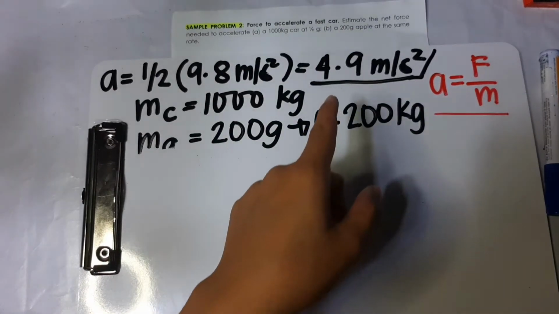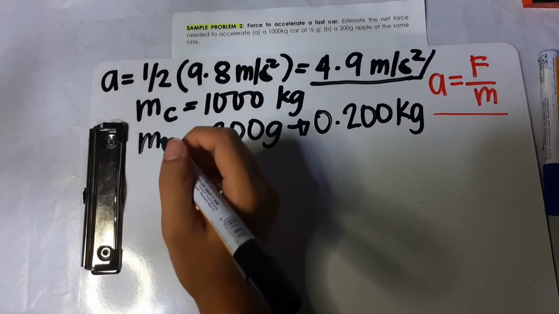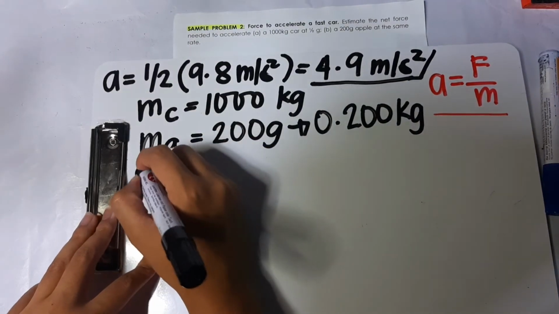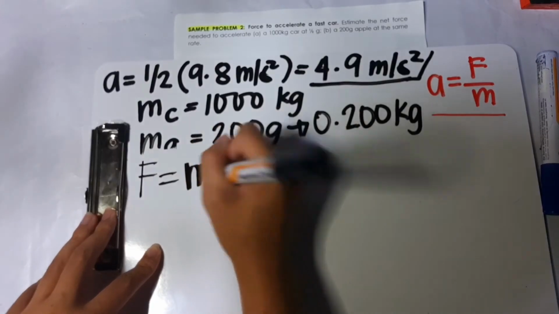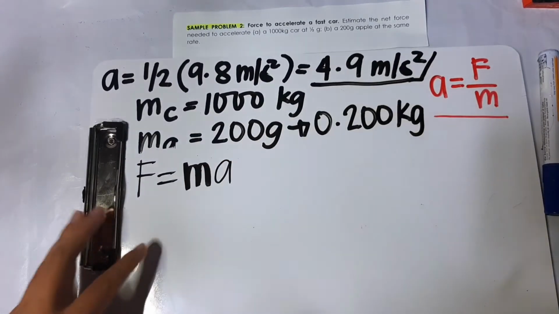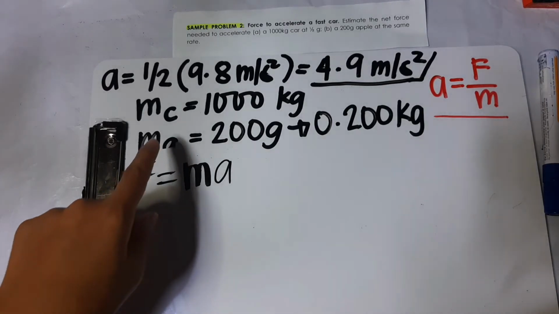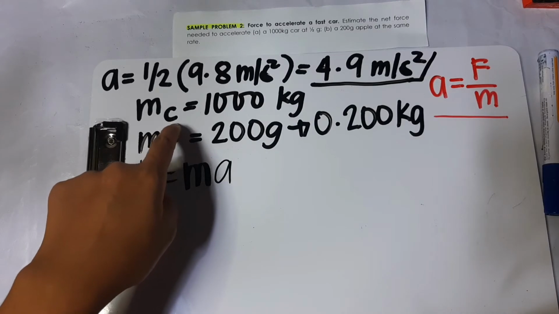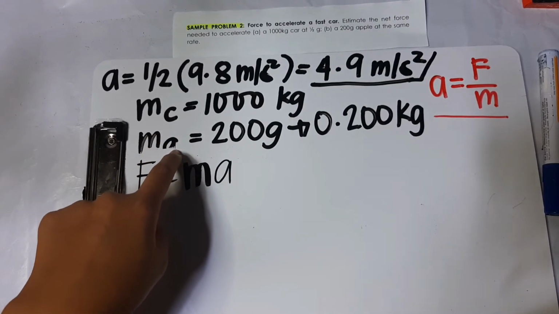Okay, so we're done with letter A. Now let's move on to letter B. Still, the formula that we're going to use will be force equals mass times acceleration. But this time around, we're not going to use the mass of the car. Instead, we're going to use the mass of the apple.